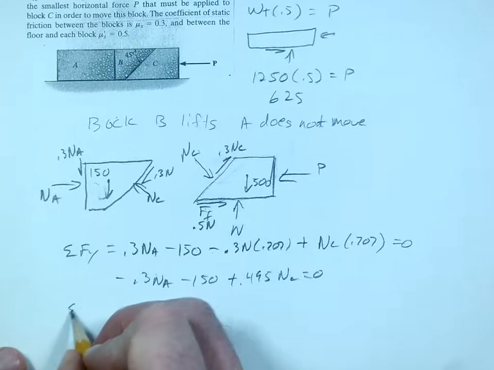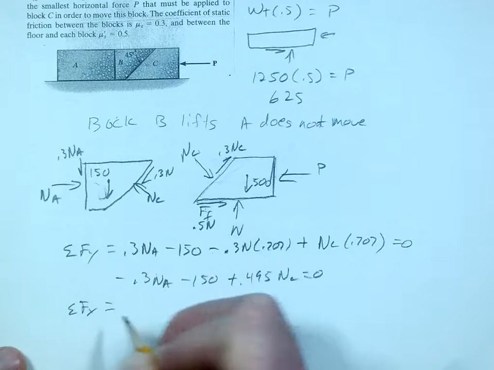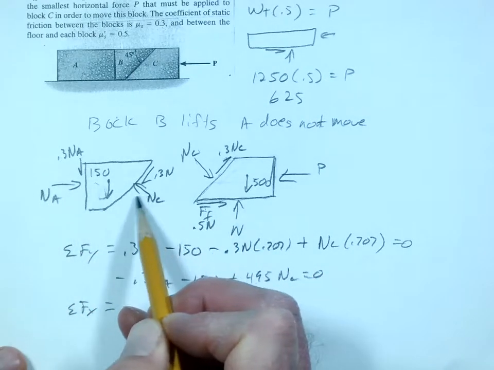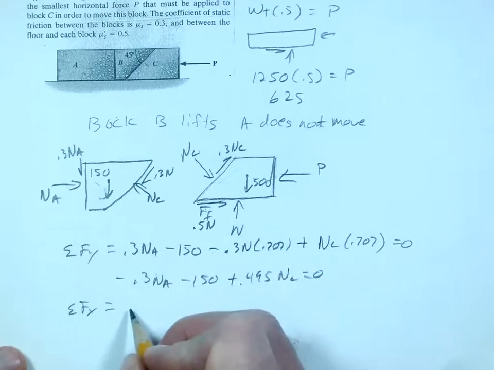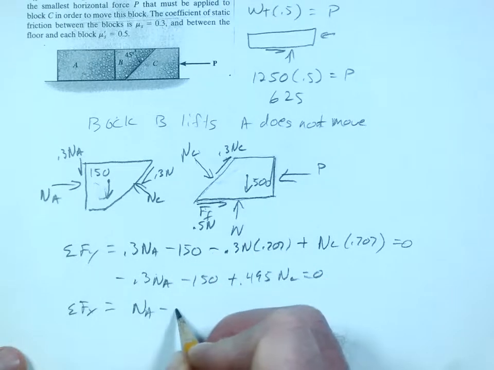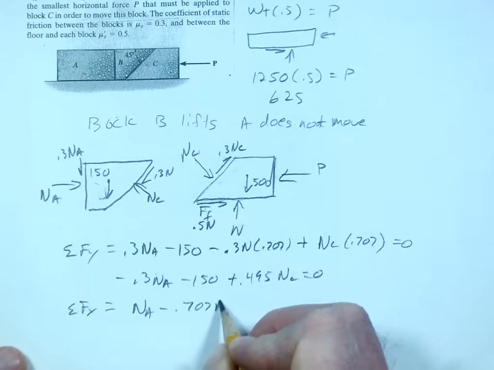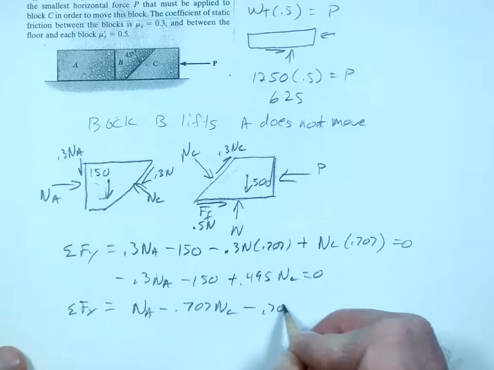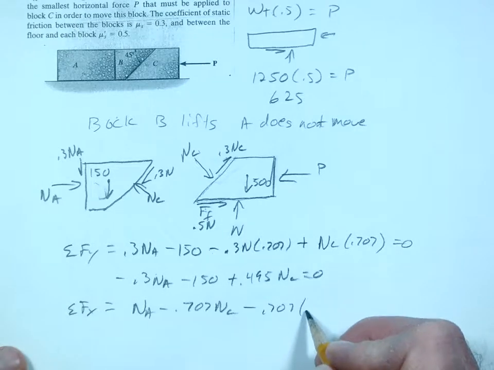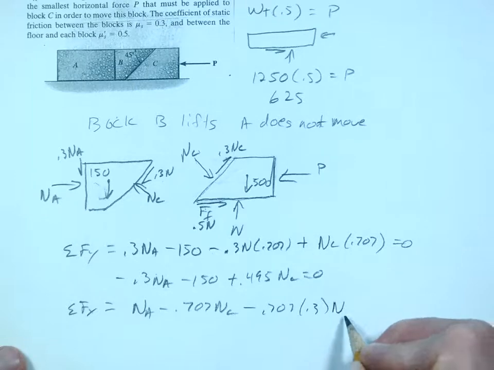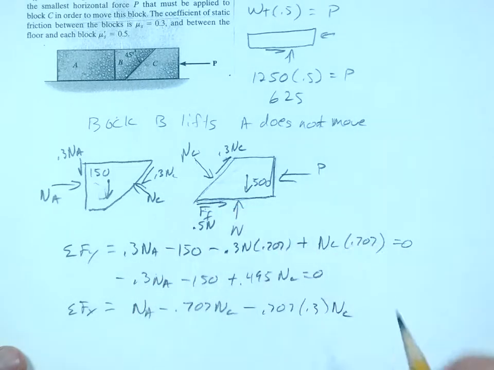And summing the forces in the X. In the X we have NA over, we got the components of these two. So NA minus 0.707 NC minus 0.707 times 0.3 NC also, equals 0.